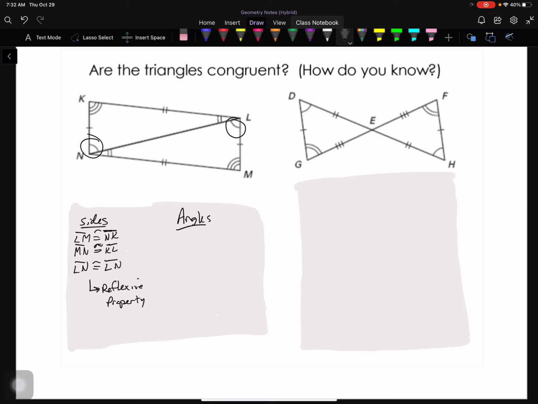But you have to be careful when you name these now. You can't just use one letter, because angle N, for example, could be here or it could be here. So we have to use three letters. So we'll say angle KNL is congruent to angle, now we have to start with MLN.